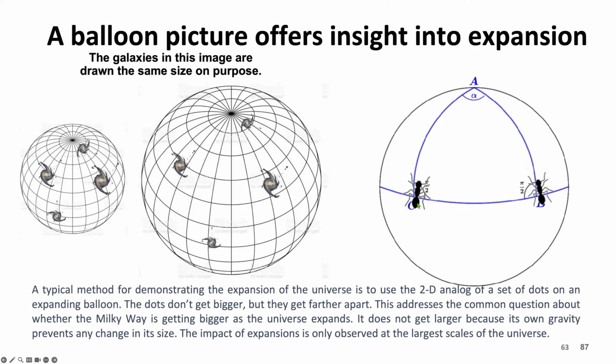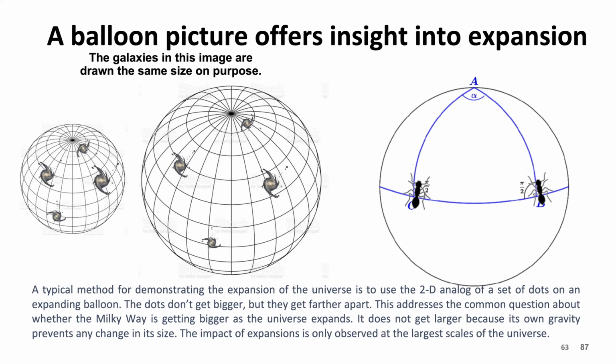And we have this analogy with the ants walking around on the surface of their two-dimensional universe. We are not in a two-dimensional universe. We're in a three-dimensional universe, but perhaps this kind of analogy gives us some comfort when we talk about what it means for the universe to expand.